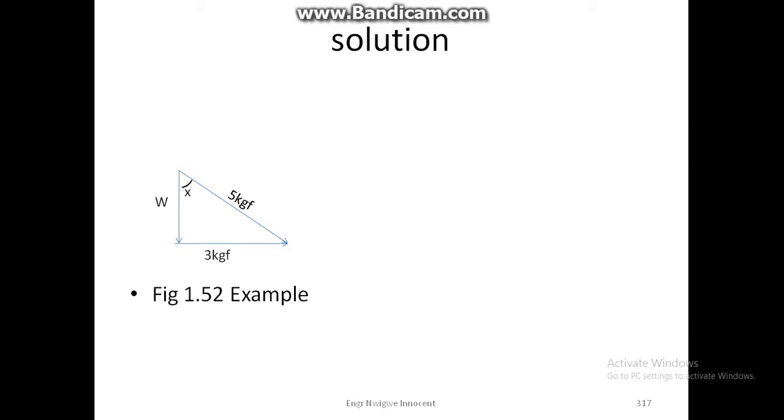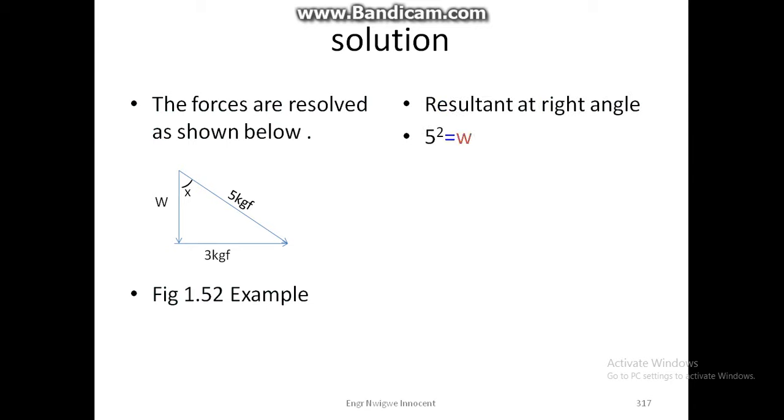From the resultant at right angle, 5 squared is equal to W squared plus 3 squared, which is the Pythagoras theorem.